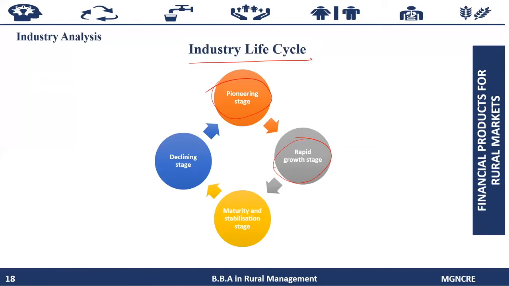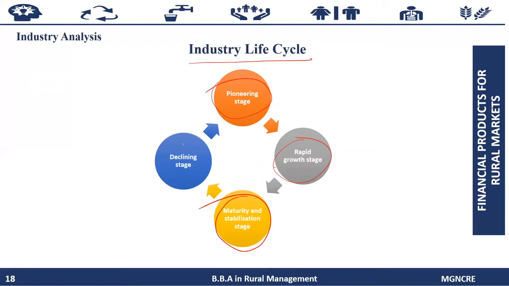Then the maturity and stabilization stage. The growth is moderate and the growth rate is equal to the industry's growth or GDP growth. So this is the stage where the company or industry is stabilized.